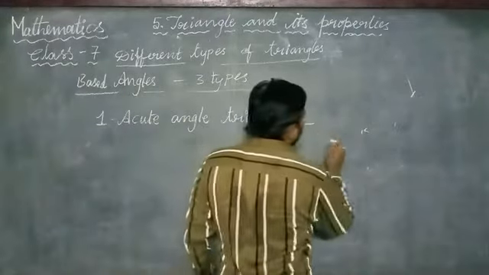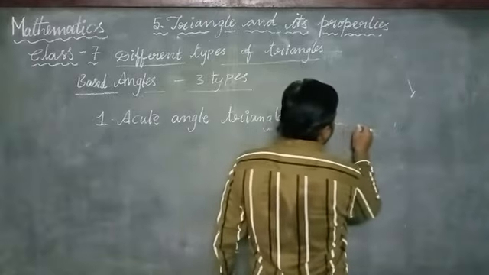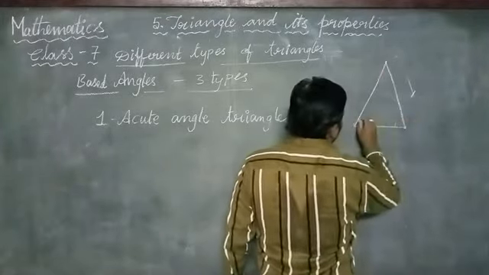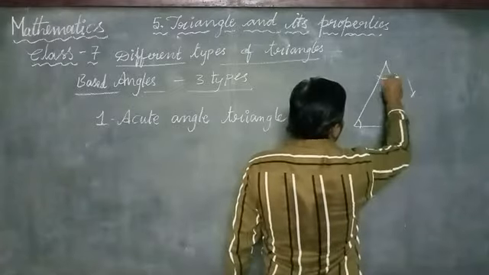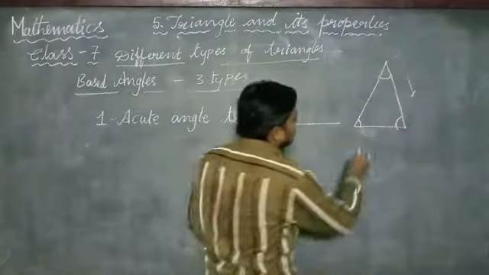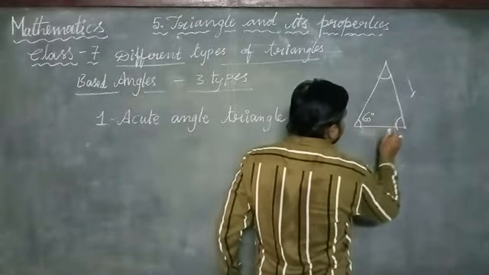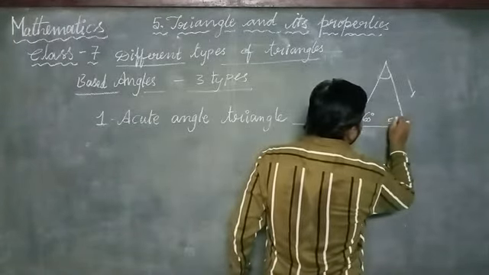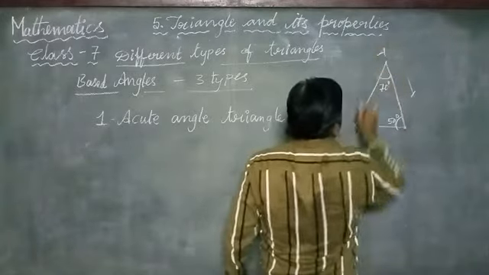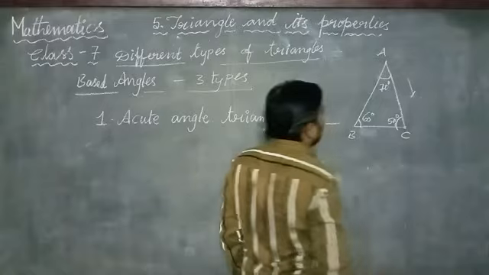Now let us see the structure of an acute angle triangle. Suppose the angles are 60 degrees, 50 degrees and 70 degrees. Triangle ABC is like this.